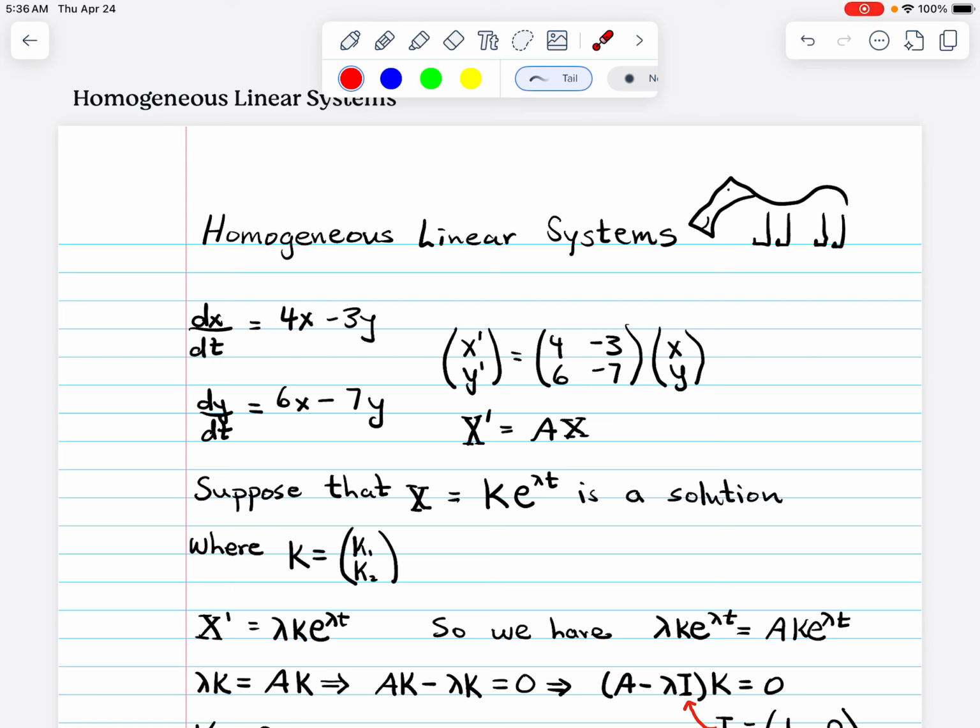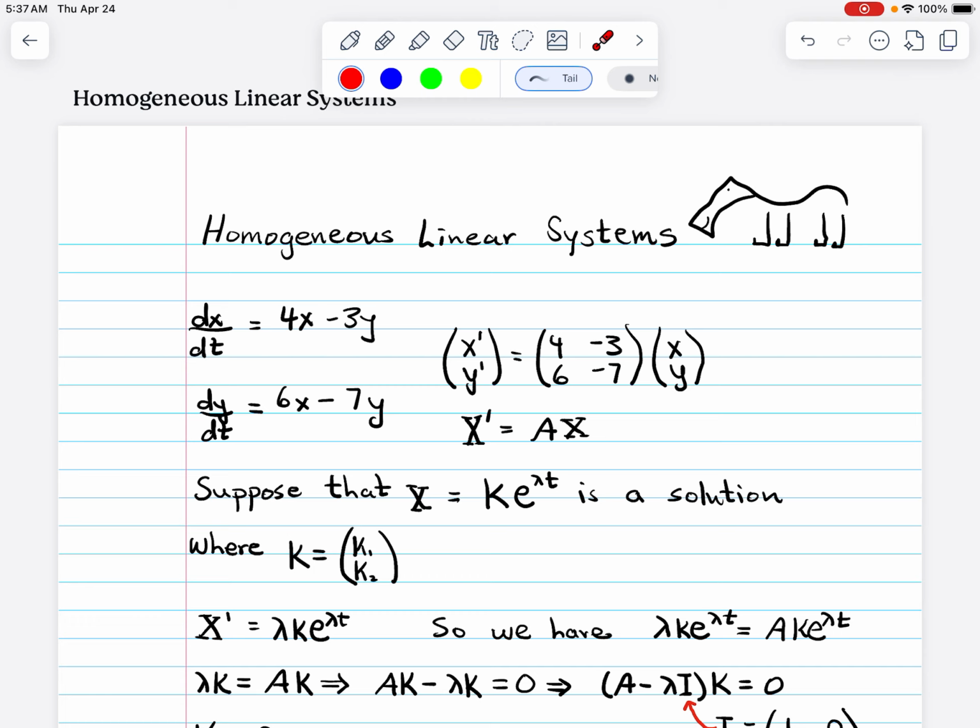Now, what we want to do here is proceed how we did previously when we were solving homogeneous linear differential equations with constant coefficients, and we assume a particular type of solution. In fact, we're going to assume that the solution is this vector here, an uppercase K, e to the lambda t.